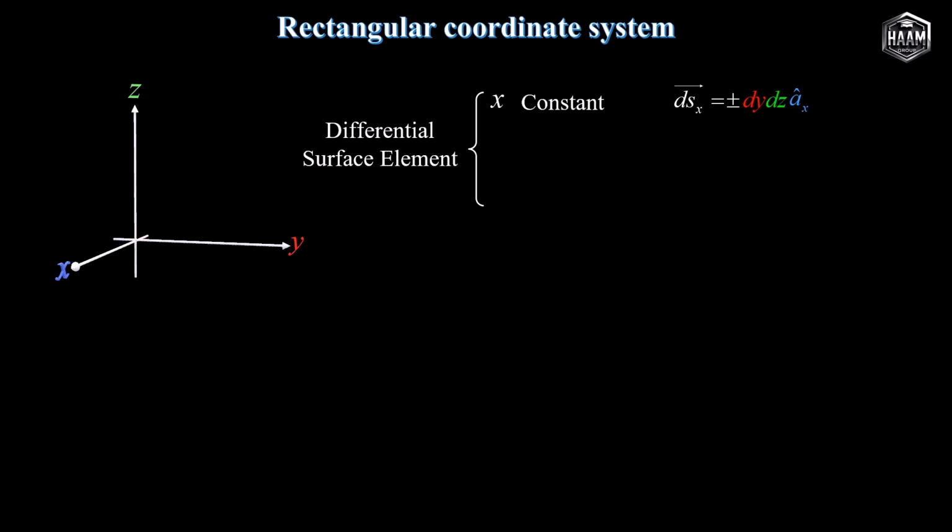This is denoted ds sub x, defined in the rectangular coordinate system as the surface on which x is fixed.